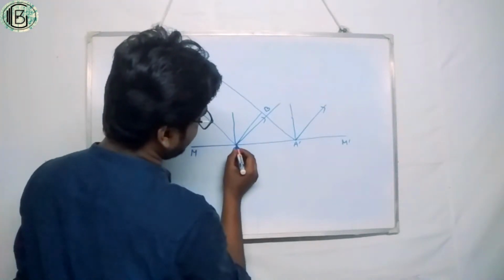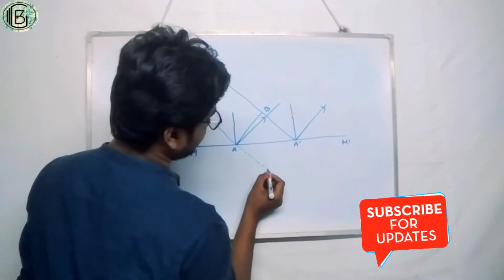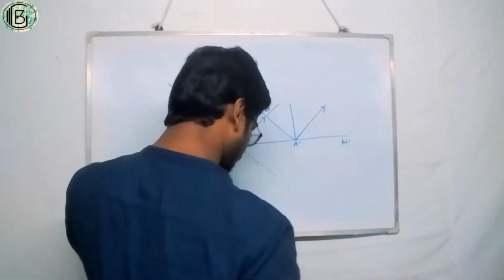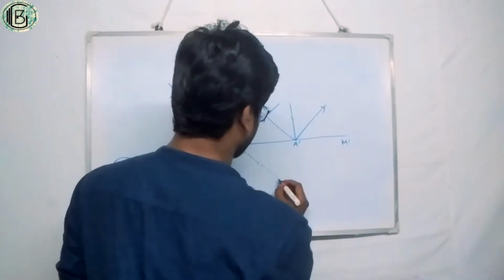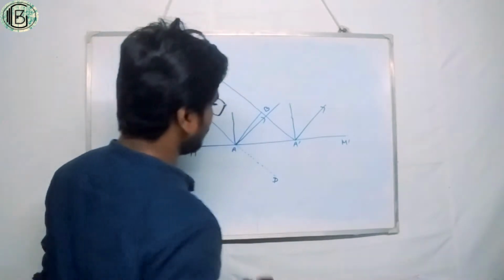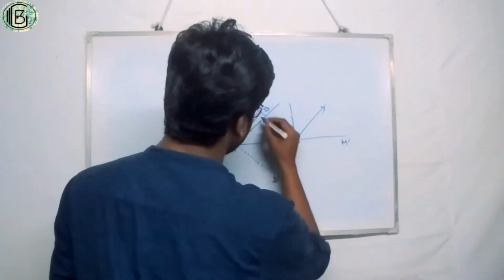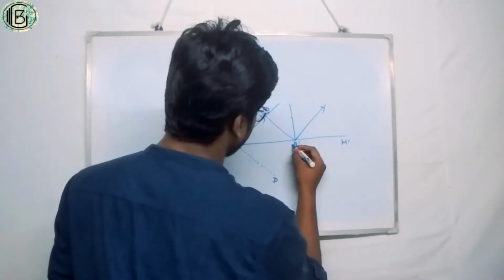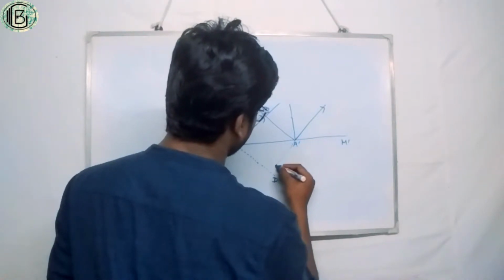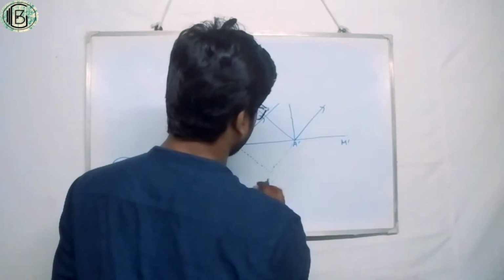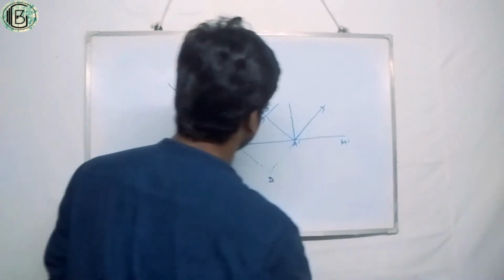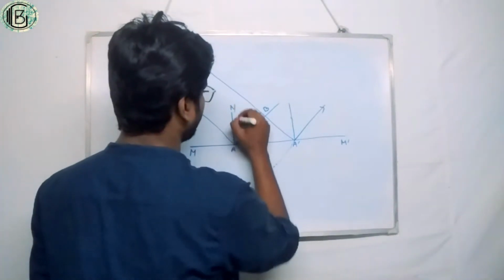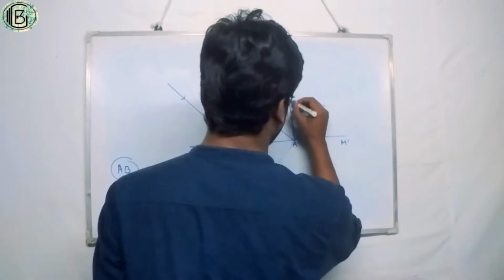First we will extrapolate that light. So here we will name it D, and that D we are again extrapolating. This is D. Now we are naming the normal to be here N and this to be N prime.